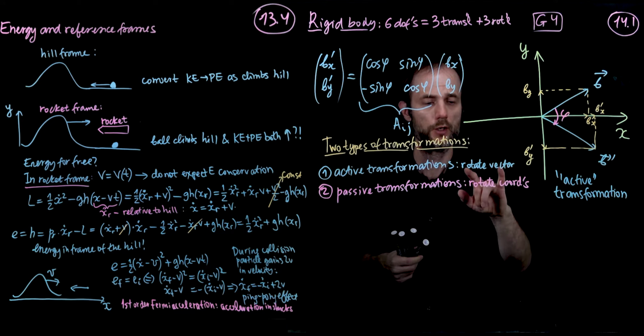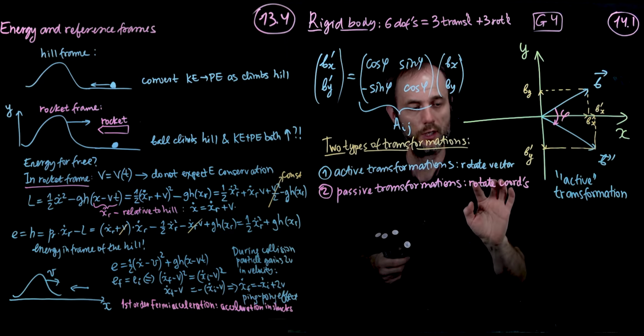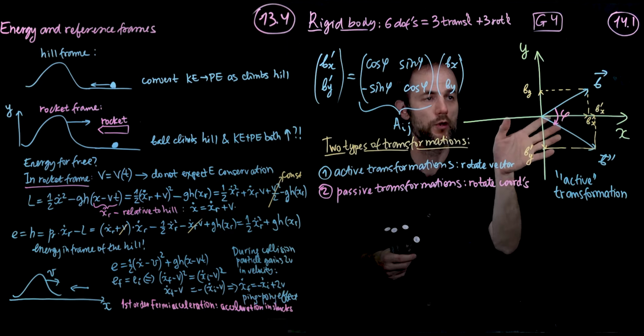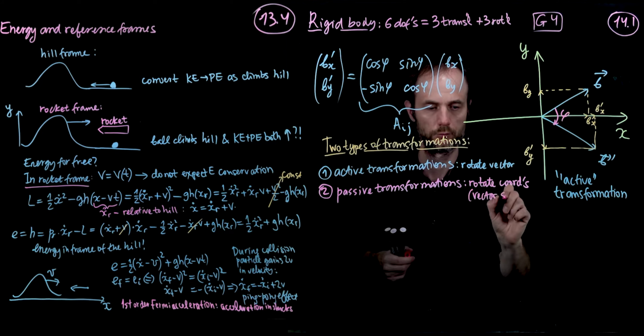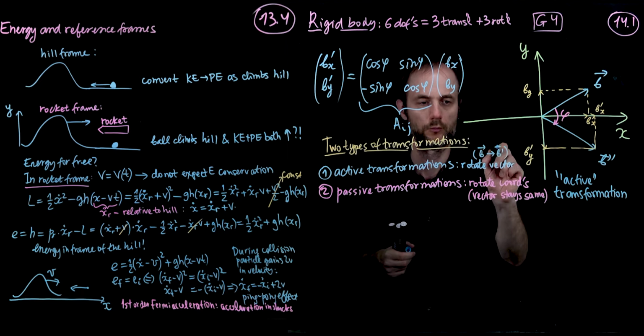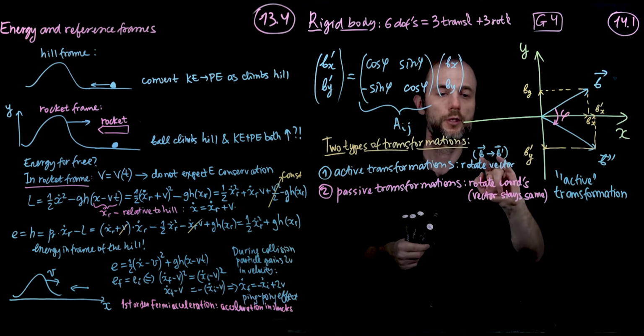So here we get from old vector b the new vector b, whereas when we rotate the coordinates, we rotate x and y's, but the vector stays the same. Here the vector changes position and goes from B to B prime.